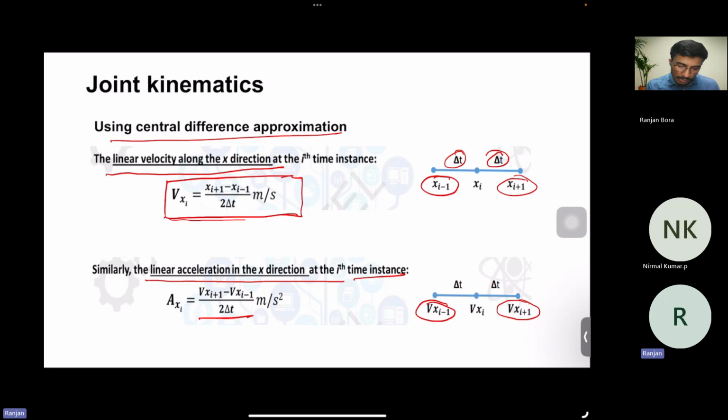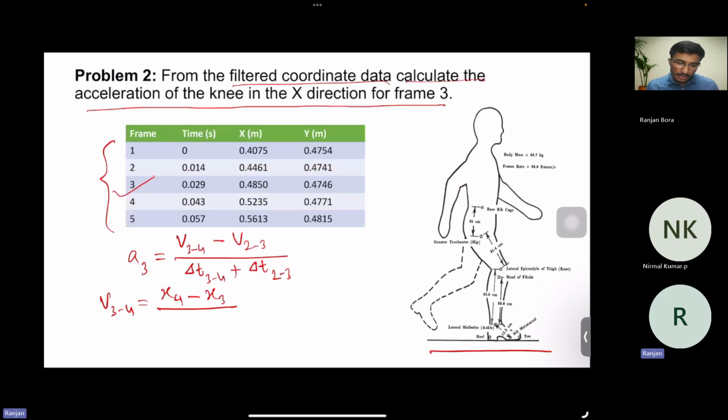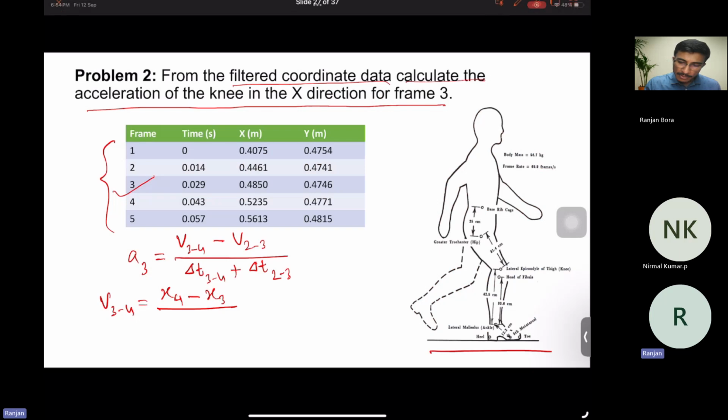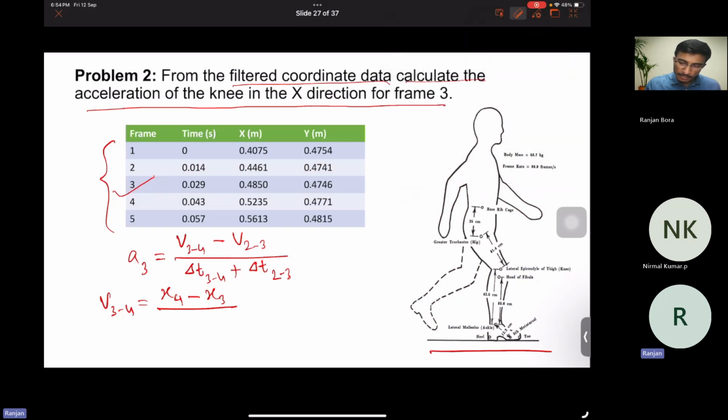So this was the formula. Okay, sorry, this will not be x4 minus x3. Let me write.